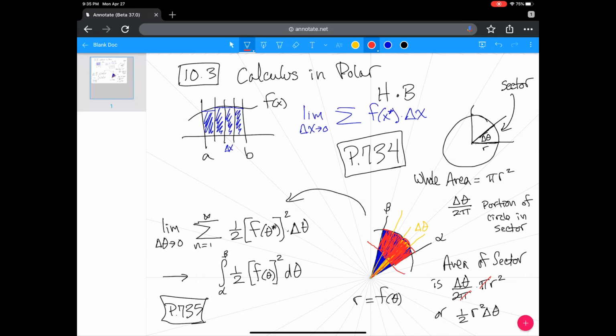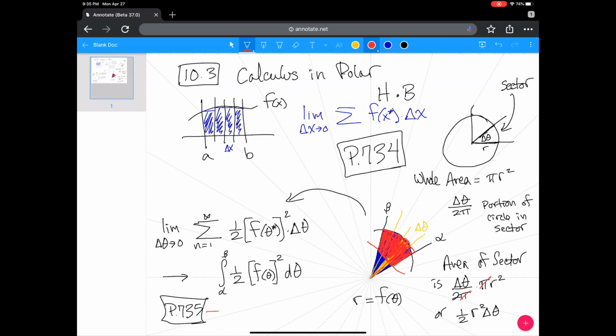And like we did in Chapter 6, when we did the area between two curves in a Cartesian system, you would just take the outer curve area and then subtract the inner curve area away.